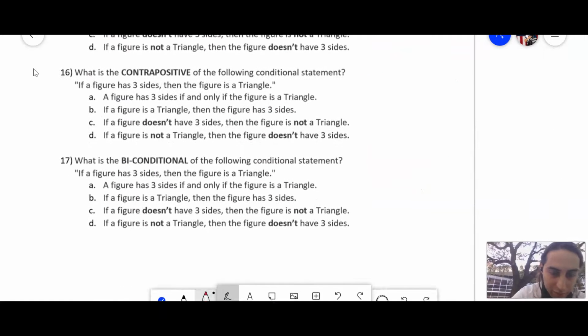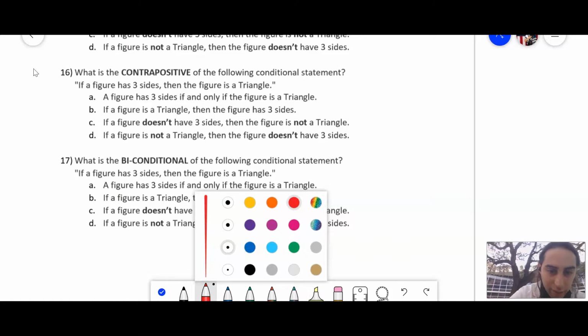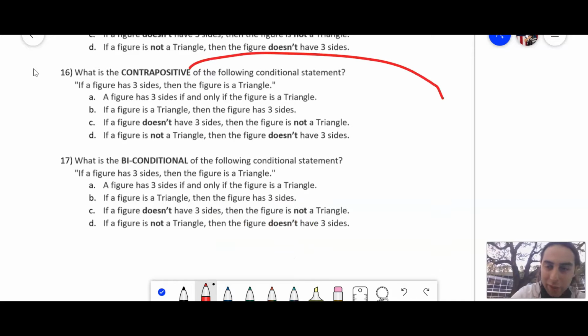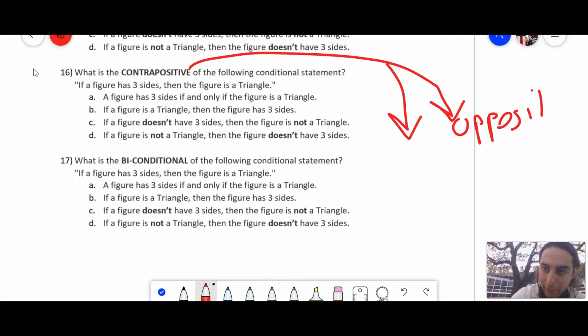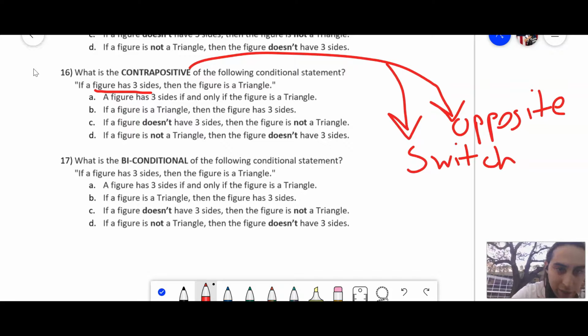Okay, last 2. Okay, now remember, contrapositive, that's the crazy one. There's 2 things that are going to happen, right? It's going to be opposites, and it's going to switch the order. Okay? So let's think about this. If a figure has 3 sides, then the figure is a triangle. So I'm going to put figure as a triangle at the beginning, but make it opposite.